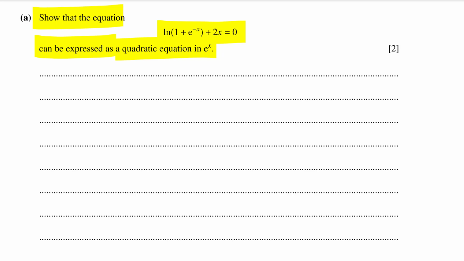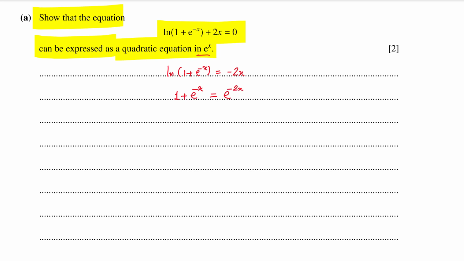So if I rewrite this as ln of 1 plus e to the power minus x equals minus 2x, now we have only one term on the left hand side and only one term on the right hand side. Since we have ln of something equals x, we can directly say 1 plus e to the power minus x would be e to the power of what we have on the right hand side.